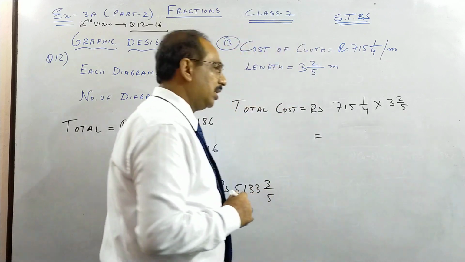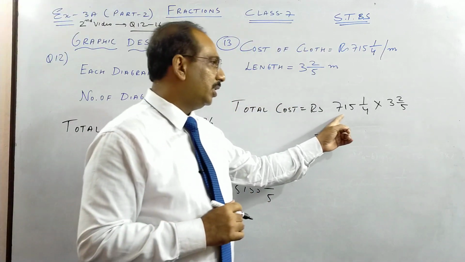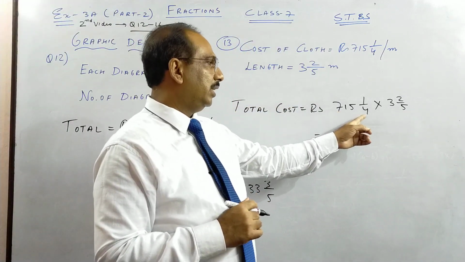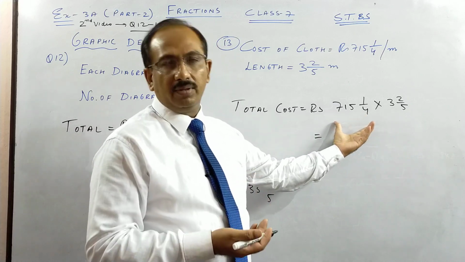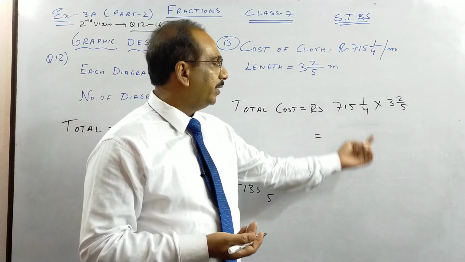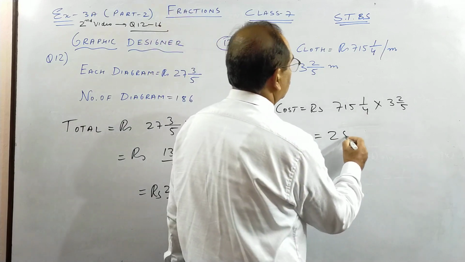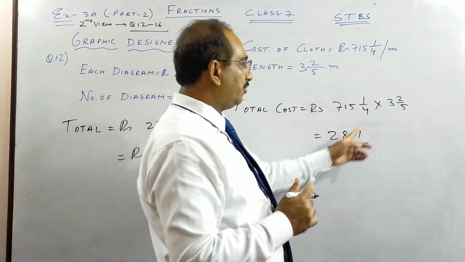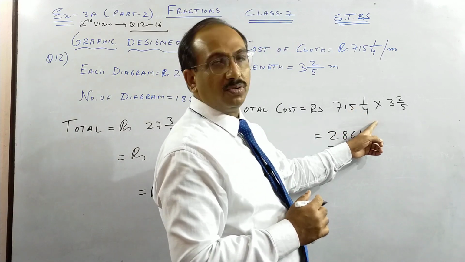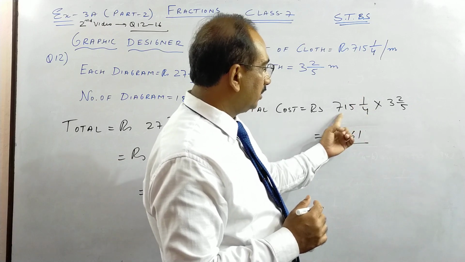If you multiply 700 into 4, you can multiply as you do. I believe in mental maths. This will be 2800, because 700 times 4 is 2800, and 15 4s are 60, so 2860. We add 1, this into this plus this.